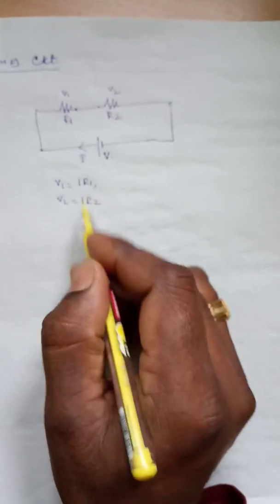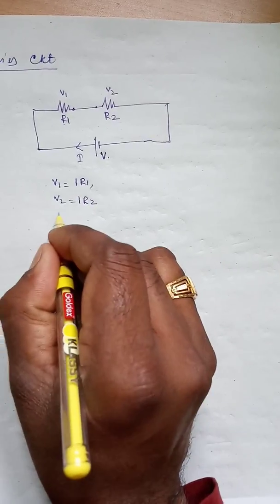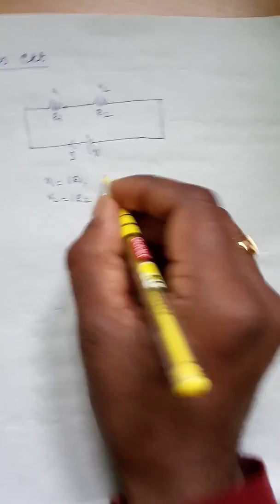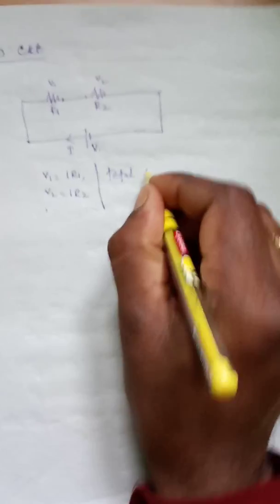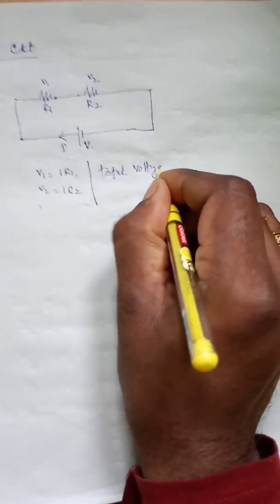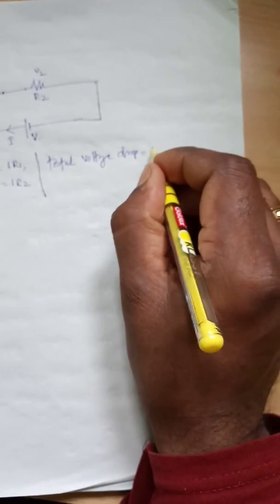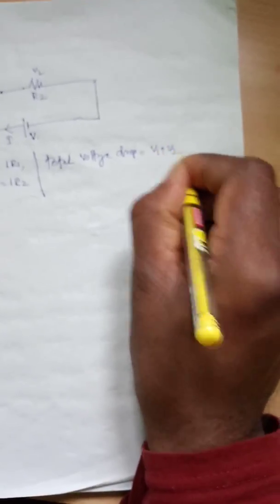The total voltage drop will be V1 plus V2.